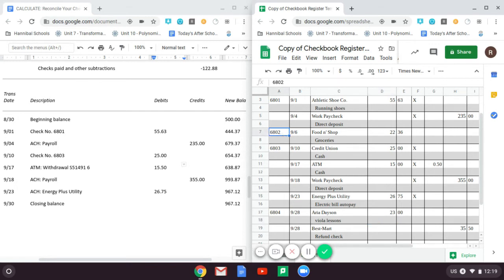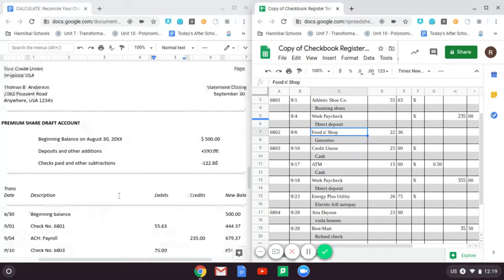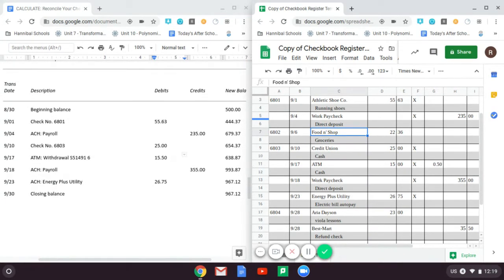It sounds like it's phenomenal. It's done such a great job, but that's not what it means. It just means it's outstanding somewhere that hasn't been accounted for yet. It has not cleared. Whoever this was paid to, Food and Shop, they have not yet cashed this check. So that is why it has not yet come out of Thomas's bank account.